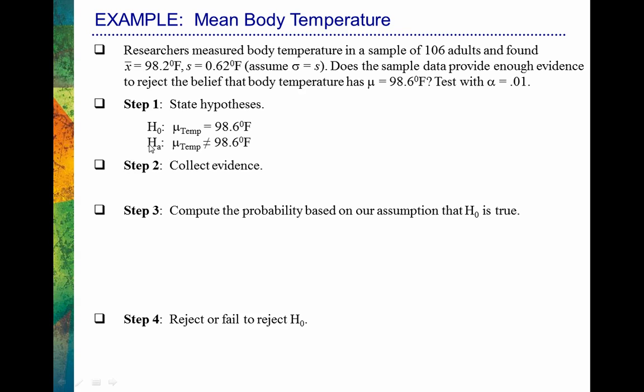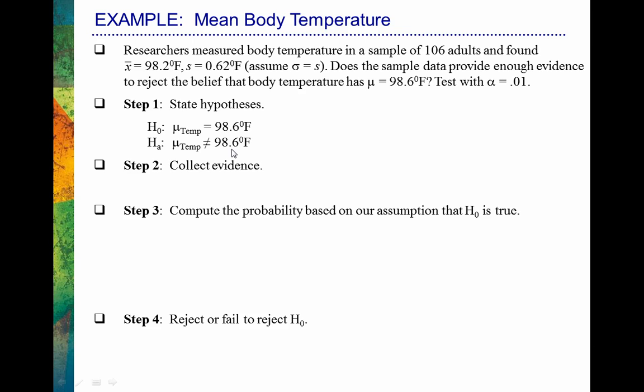The alternative is that the population mean body temperature is something other than 98.6. Remember I mentioned that most tests are two-tailed tests. Theoretically, it's possible that a person's body temperature could be higher than 98.6. Theoretically, it's possible that a person's body temperature could be lower than 98.6. So it makes a lot of sense to do a two-tailed test.